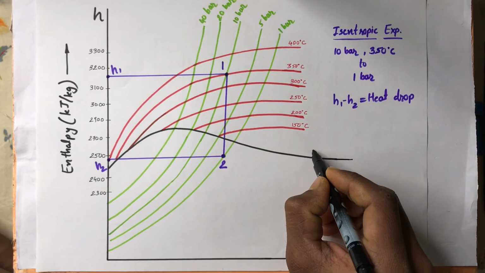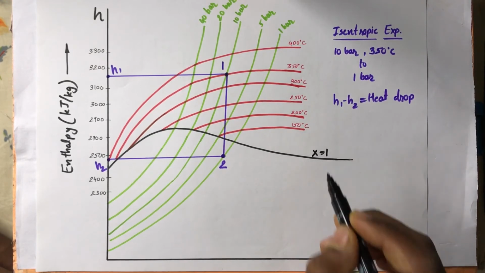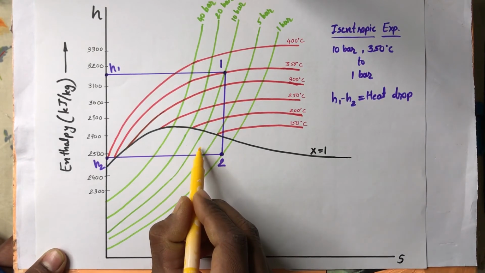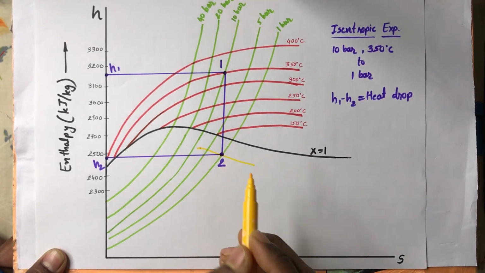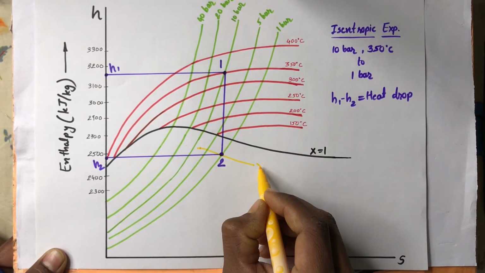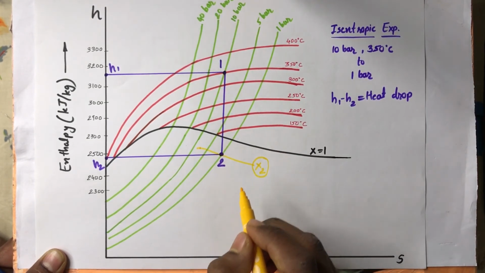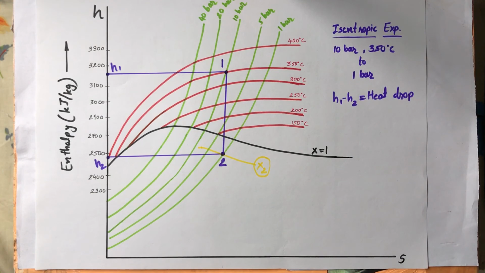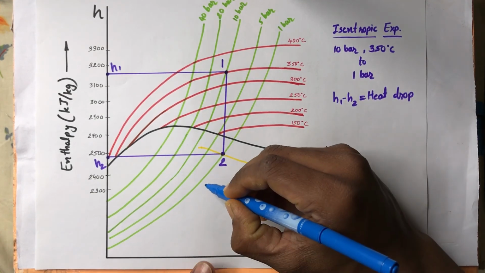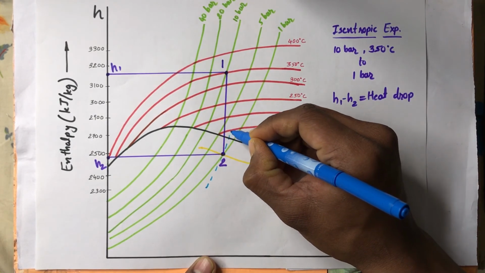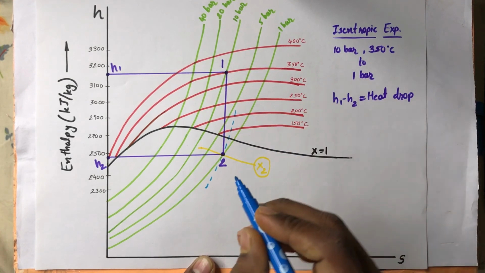Now here on the saturation line, dryness fraction is 1. You can also find the dryness fraction at point 2 by locating appropriate constant dryness fraction line. To find the constant specific volume at point 2, you have to locate constant specific volume line which passes through the point number 2.